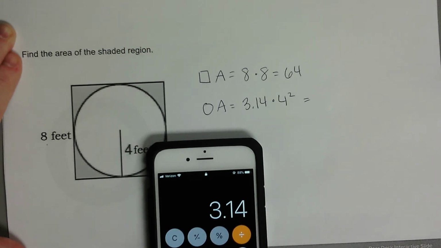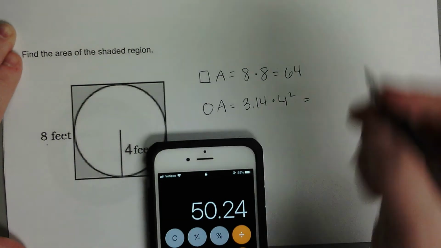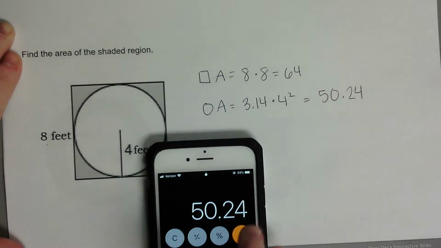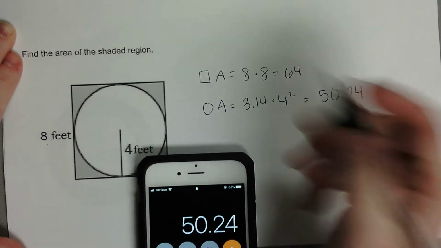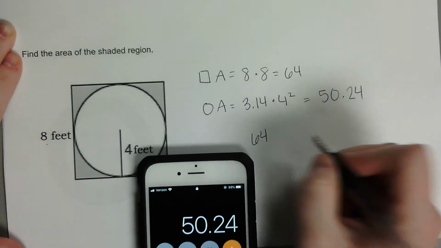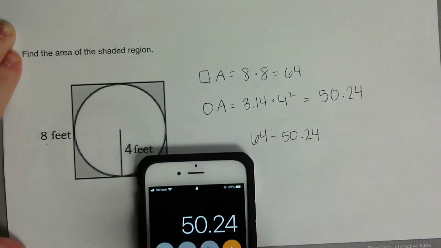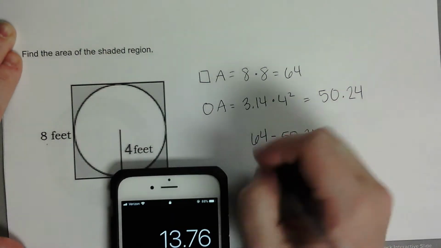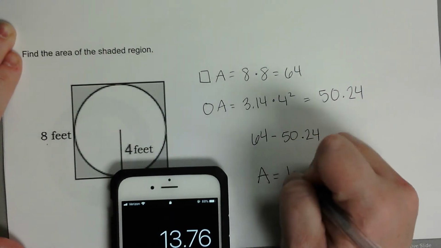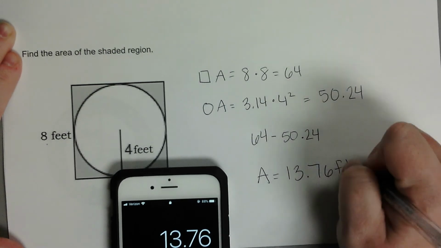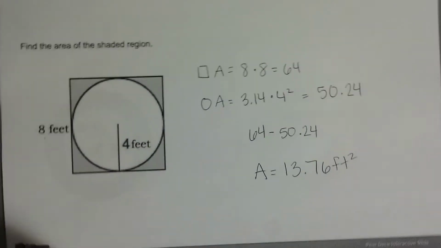Pi times r times r. 50 and 24 hundredths. Now we need to take that away. So we're going to have 64 minus 50 and 24 hundredths. So our area is 13 and 76 hundredths of a feet squared.